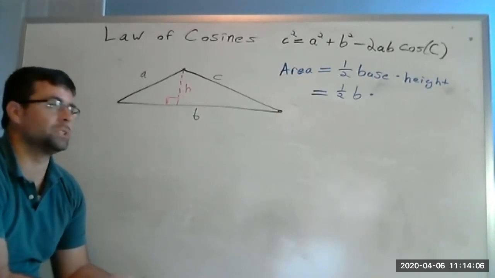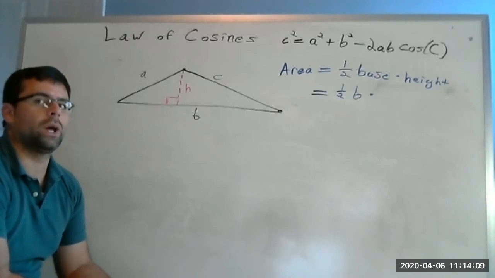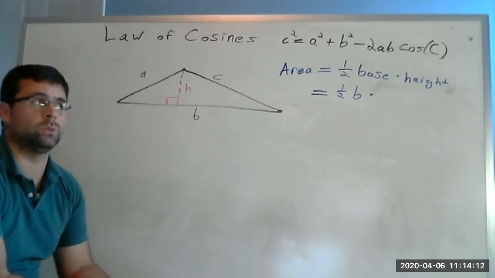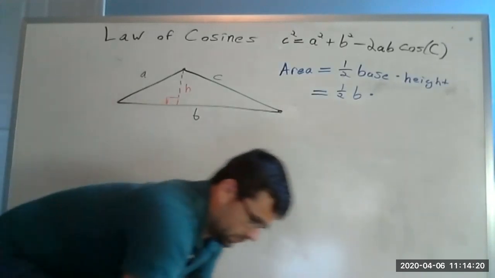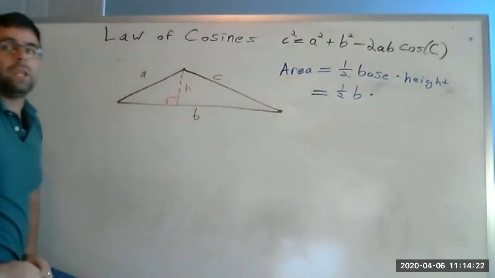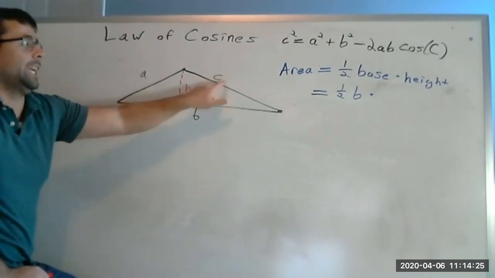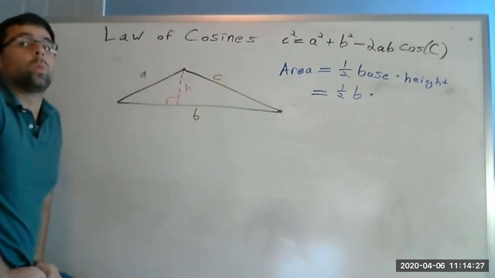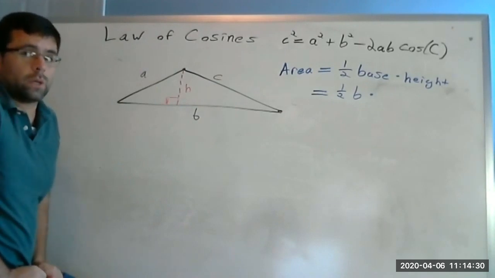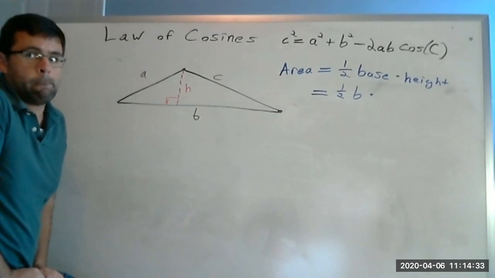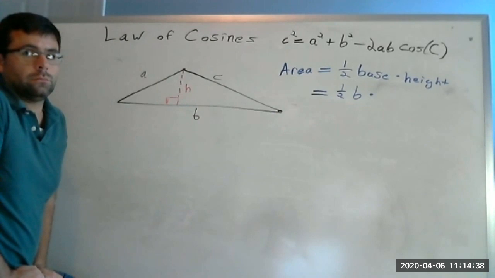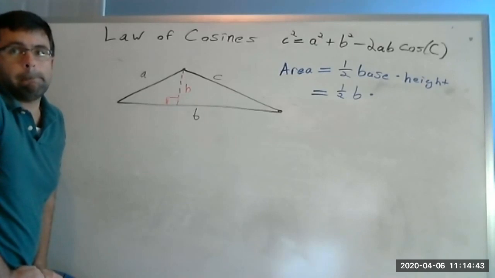Okay, remember we're using the law of cosines. What is the law of cosines going to give us? If we have A, B, and C, what would we solve the law of cosines for? We would solve for the sides first.